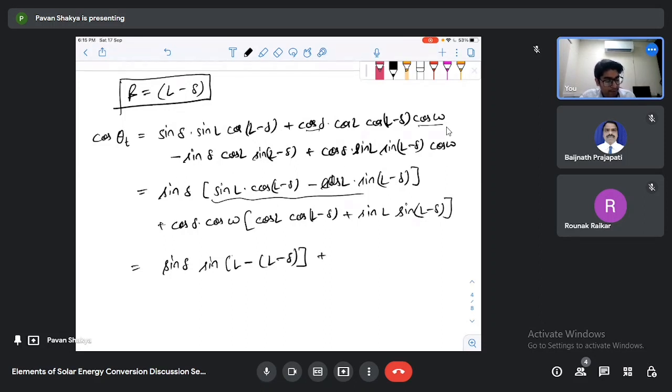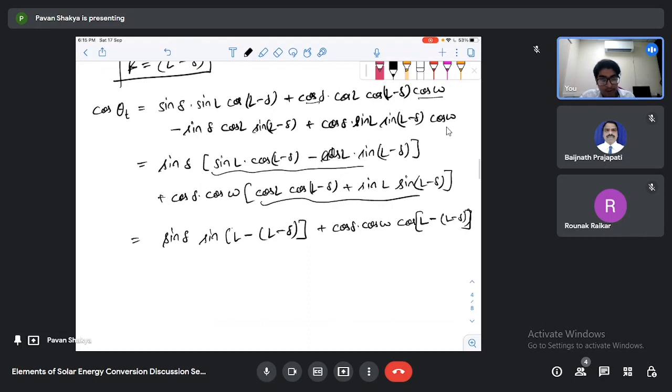Similarly, from the second term, this will become cos of L minus delta. So in this bracket, the latitude angle will cancel out, and only the delta term will remain.